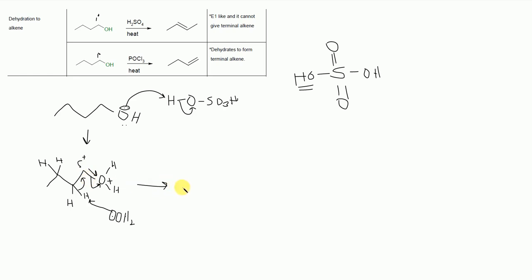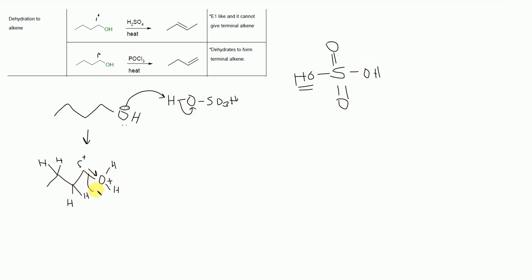And normally this would form the terminal alkene, right? But what happens in this situation is we have carbocation rearrangement, and essentially we have a hydride shift that allows the movement of the positive charge to a different carbon and allows us to form the more substituted double bond.